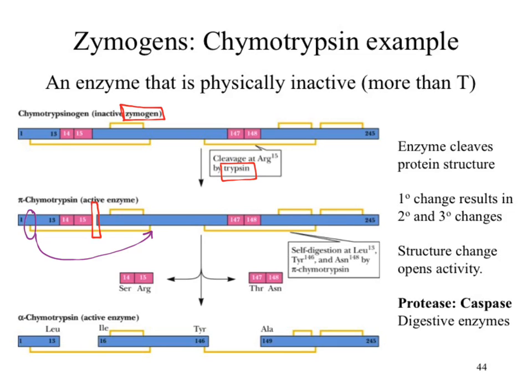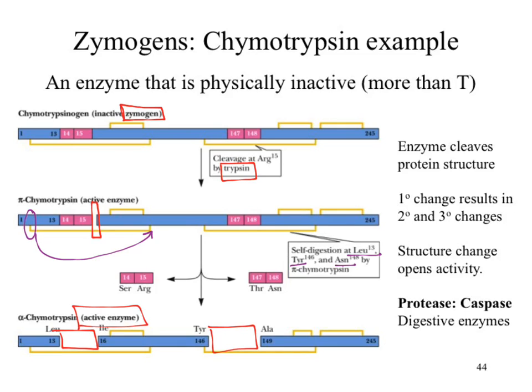Now it is partially active, and it can react with itself at 3 potential sites. So what ends up happening? It folds back on itself, and it facilitates the next cleavage. Notice that we're now missing some big sections out of here. By removing those sections, we now form the active enzyme.